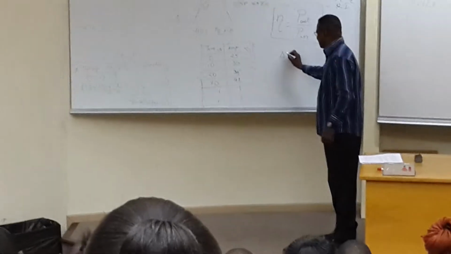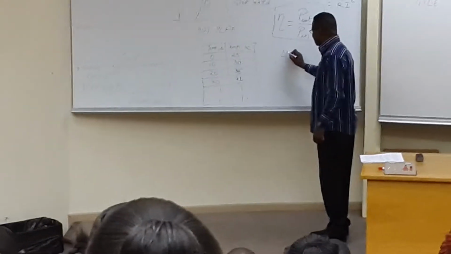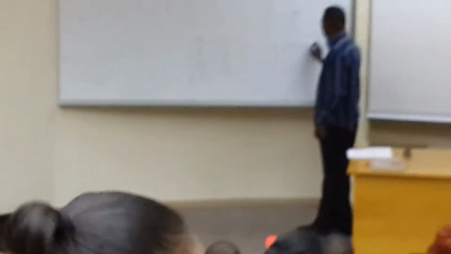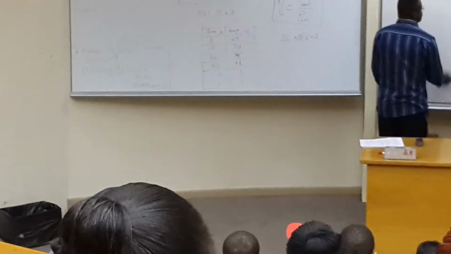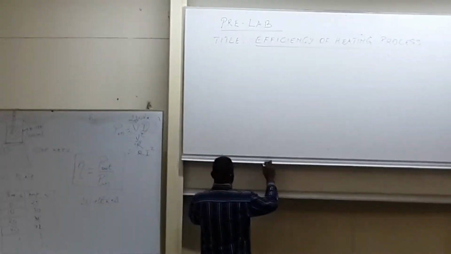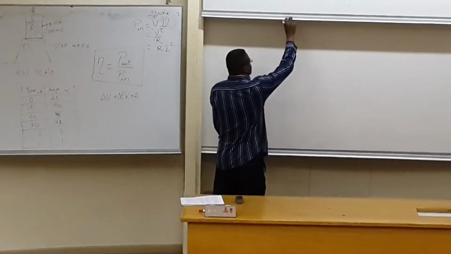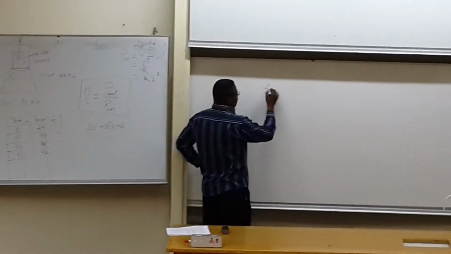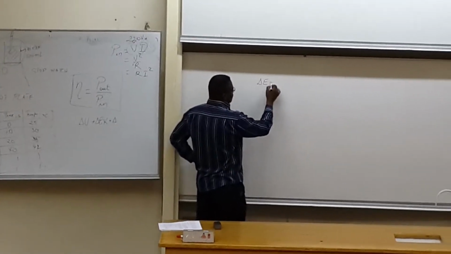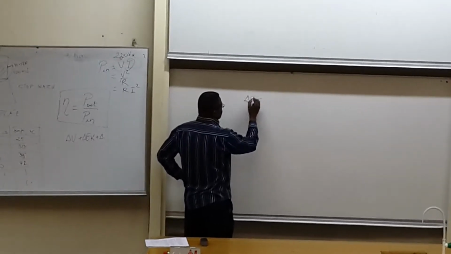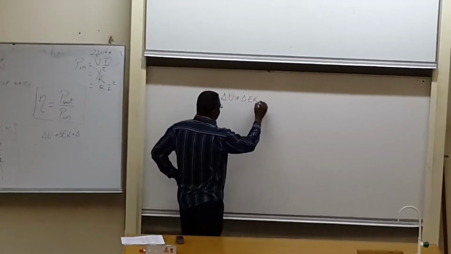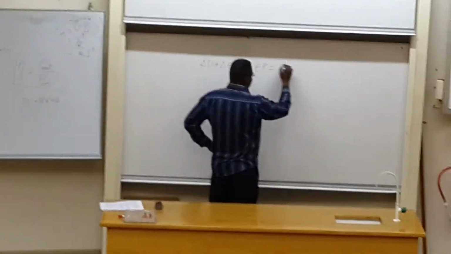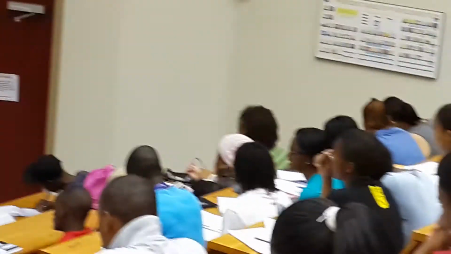Delta U plus delta KE plus delta EP is equal to Q minus W.